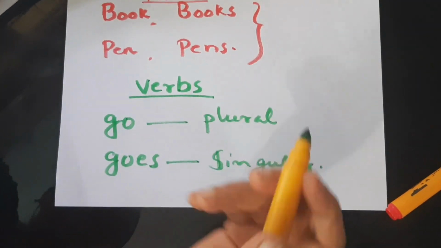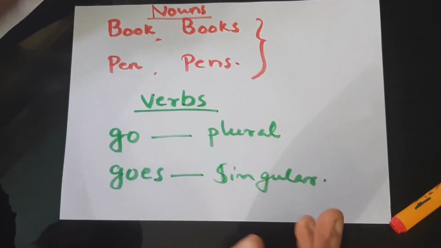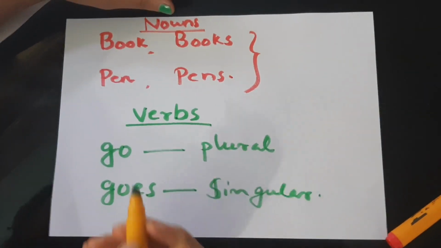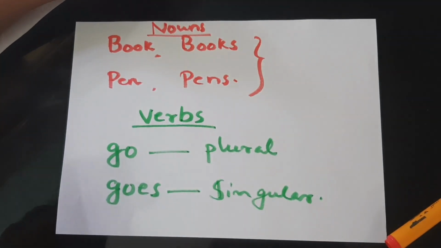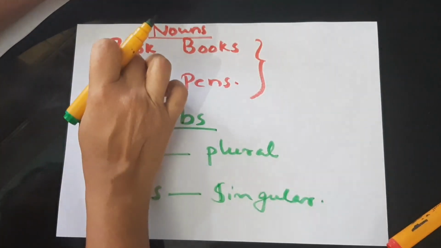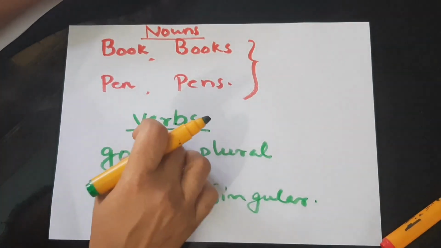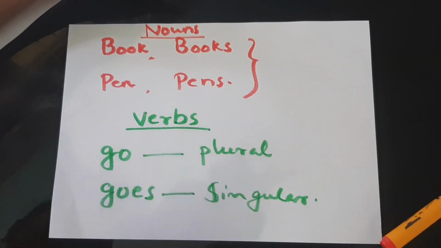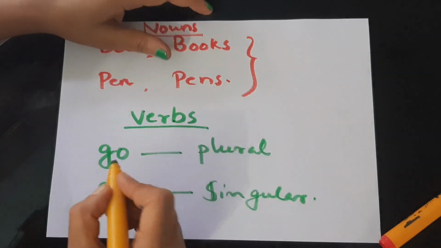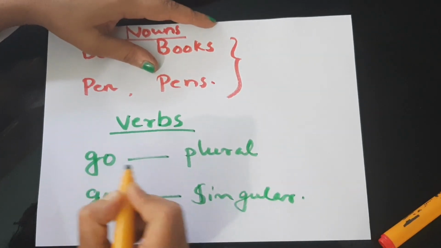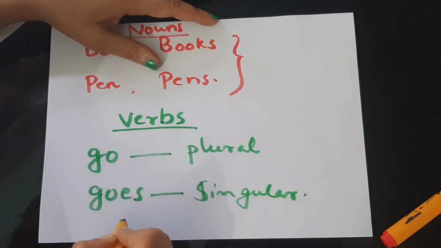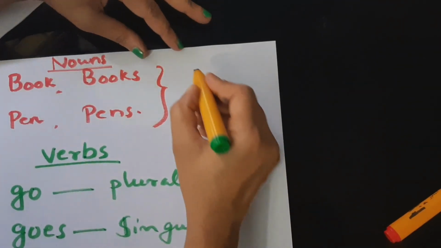So what we have learned new is that a verb too has singular and plural forms. Okay, same like the nouns. Nouns have singular and plural forms. Same way verbs too have singular and plural forms. If we consider the verb go, go is the plural form, goes is the singular form.